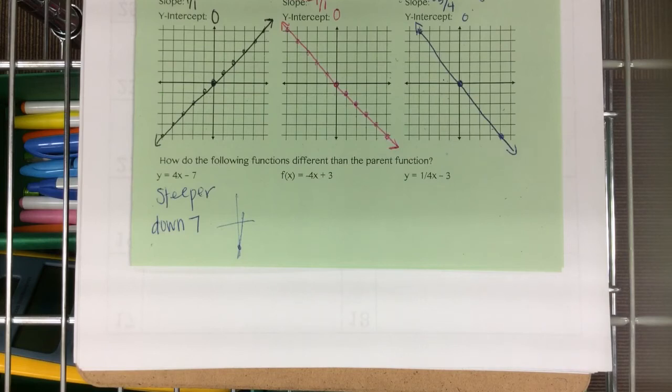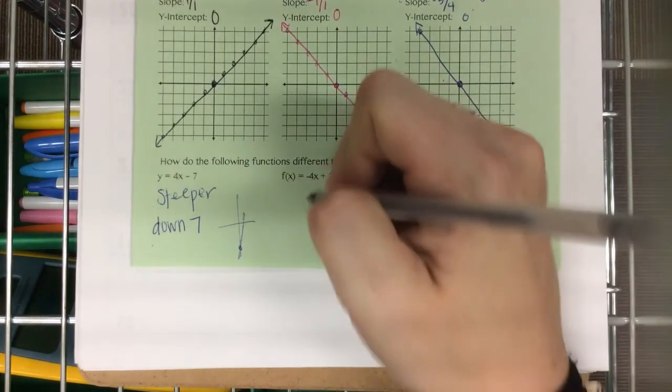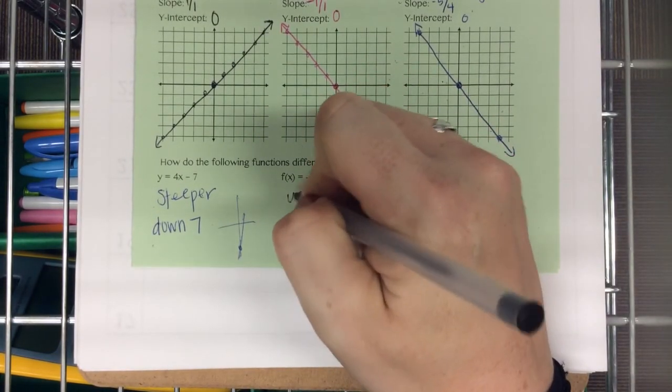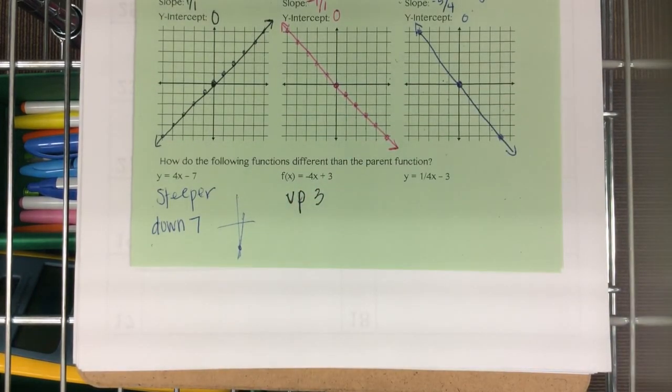All right, let's talk about the next one. There are three things that are different about this next one. F of x equals negative 4x plus 3. There are three things that are different about it from the parent function, from y equals x. What are the three things that are different, Ella? Okay, it's going to go up 3. It's translated up 3. What else is different about it? Anna?